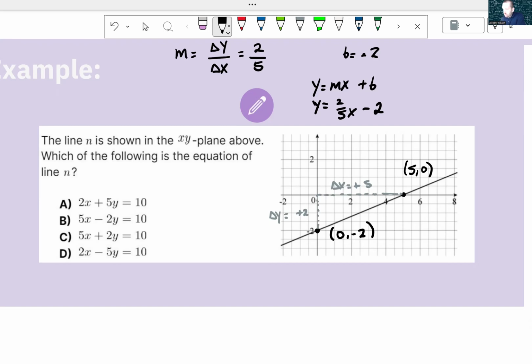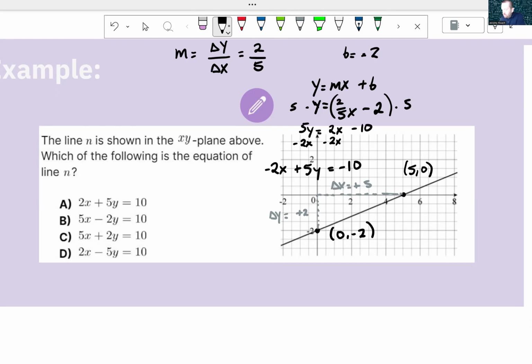We leave our whole number on this side, so we can multiply everything by 5. We get 5y equals 2x minus 10. Subtract 2x on both sides, and we get -2x plus 5y equals -10.